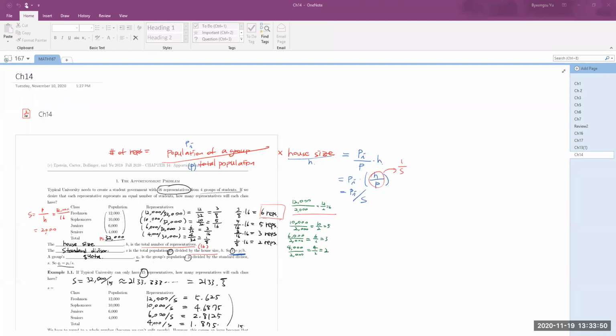If my memory is correct, it will be about the Hamilton method and one divisor method. So I think you need to study the divisor method and Hamilton method before taking the quiz to get the pre-credit.